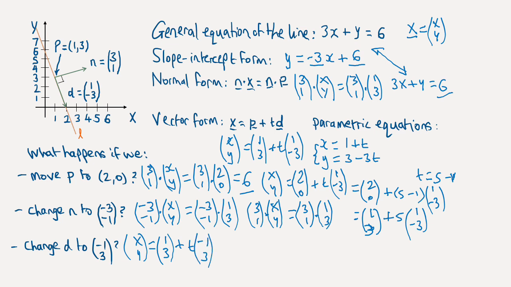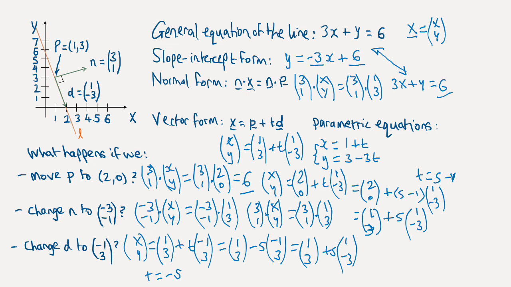And this time let's have t equals minus s. So I'll rewrite this as (1, 3) minus s times (-1, 3). And let's just rewrite that so we've got a positive here: (1, 3) plus s times (1, -3). Okay, and we're back to where we started again. So the same vector form as we had before.